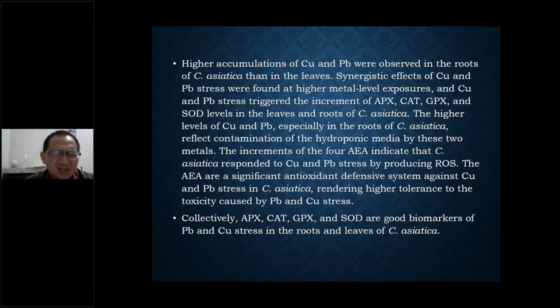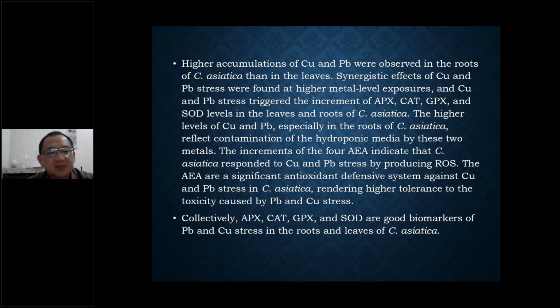So it is justified and well supported by many studies in the literature. Synergistic effects of copper and lead stress were found at higher metal level exposure. And the copper and Pb stress triggered the increment of the 4 enzymes investigated in this study, in both the leaves and the roots of Centella asiatica.